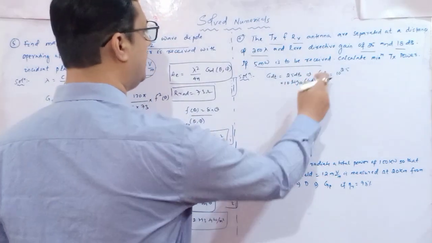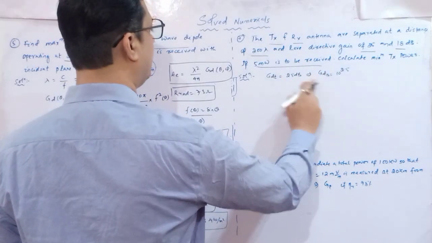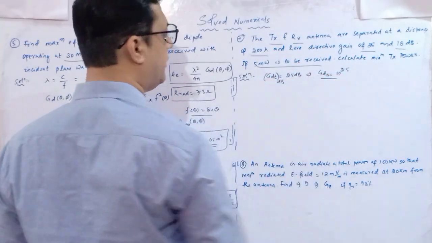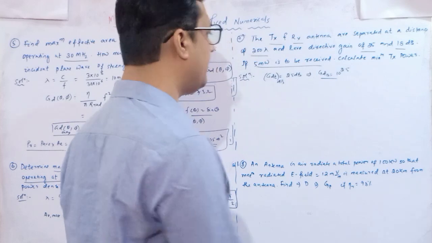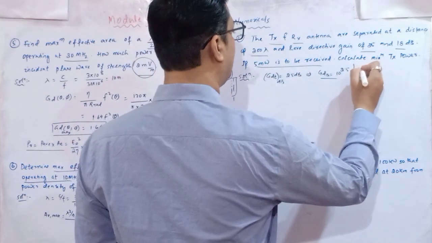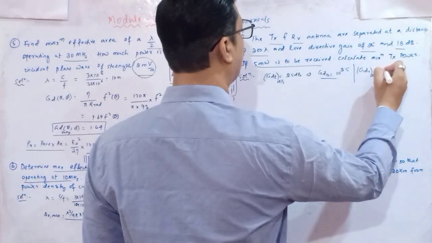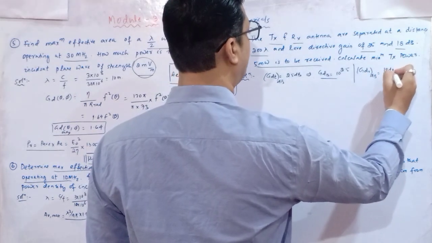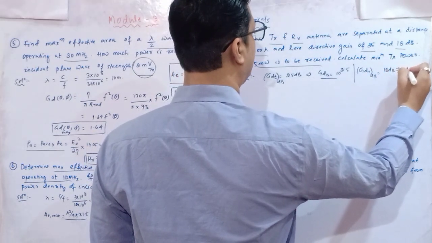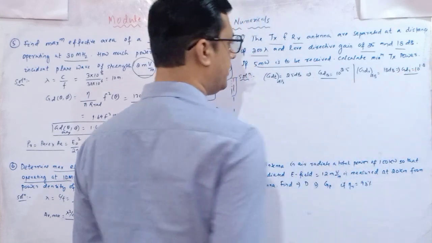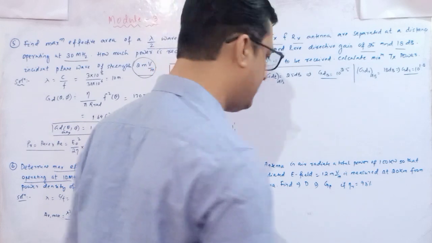If you solve this, you will get your GD value, which is in dB here and in decimal it is 10 to the power 2.5. Similarly, your GDR is 18 dB. This you can write as GDR is 10 to the power 1.8. Okay, so the decimal values we have got.